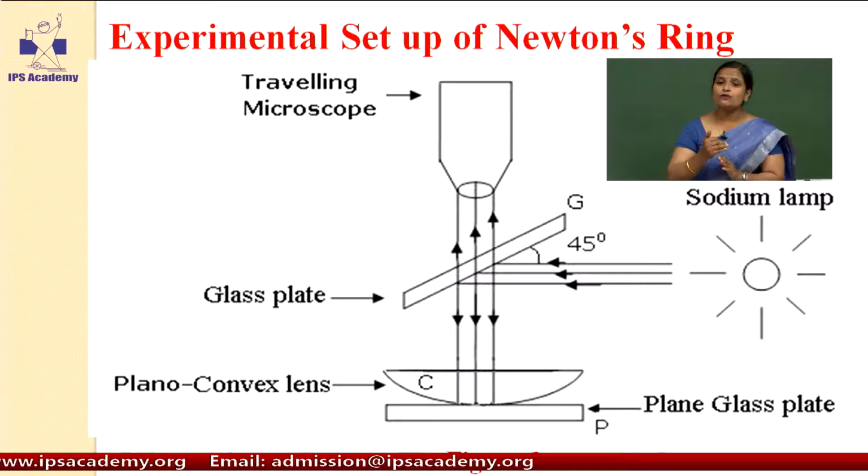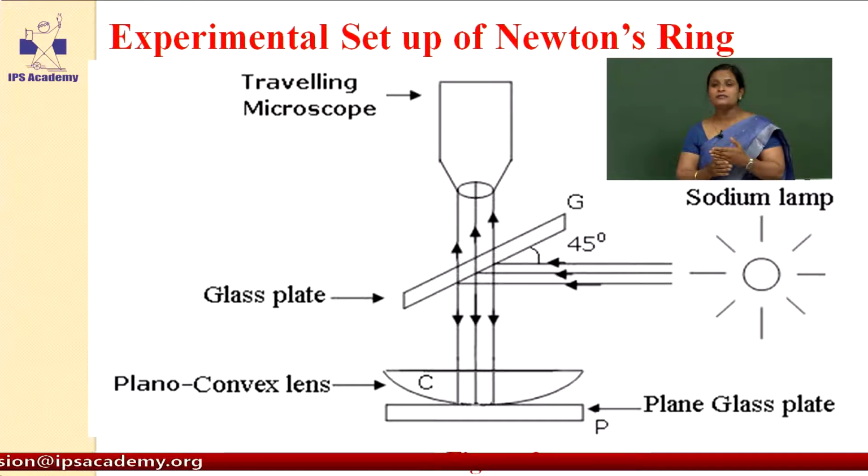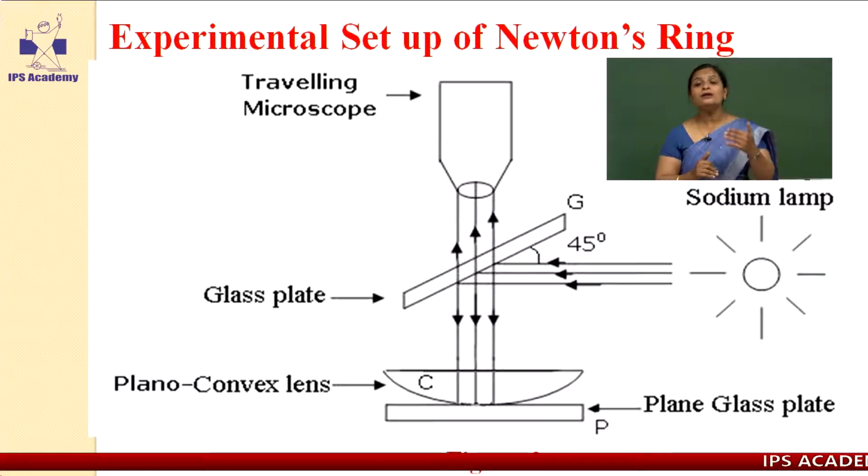So there is a reflection of light at the point C and at the center of the plate P. So there is an interference between the two light beams reflecting from the plane glass plate and the bottom of the plano-convex lens, and the fringes are observed in the region of the air film which is formed between the plano-convex lens and the plane glass plate.